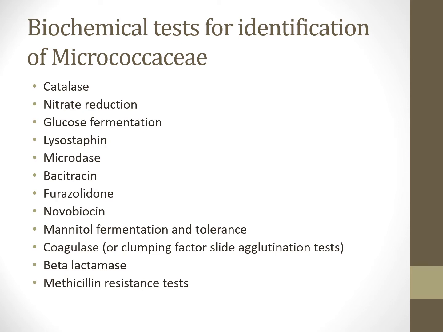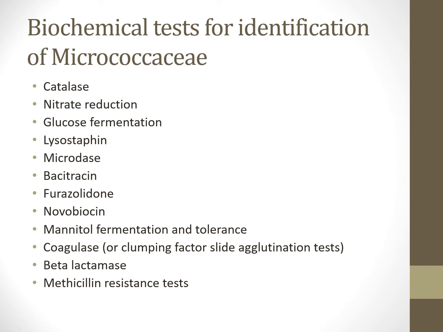We can test for resistance or sensitivity to bacitracin, furazolidone, and novobiocin. We can determine if they grow on mannitol salt agar. We can determine if they're coagulase positive or negative, if they're beta-lactamase positive or negative, and if they are resistant to oxacillin. The old name for oxacillin was methicillin, but it's the same thing as oxacillin.